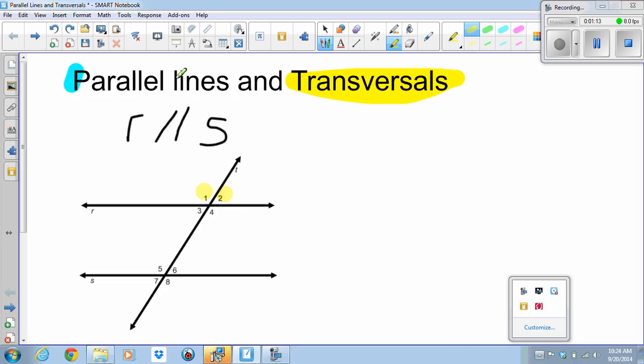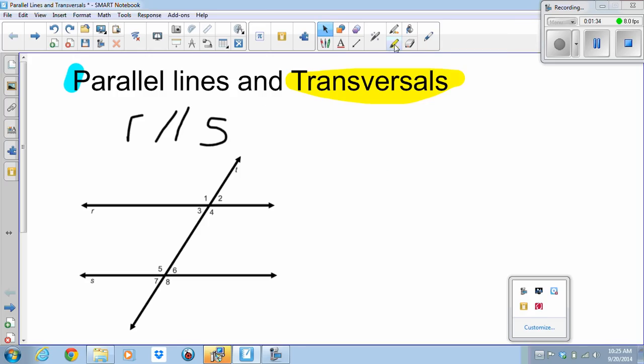All right, so here we have two parallel lines and the transversal. What we're going to do, guys, is name the relationship two different ways. The first thing is, are they on the same side or opposite sides?